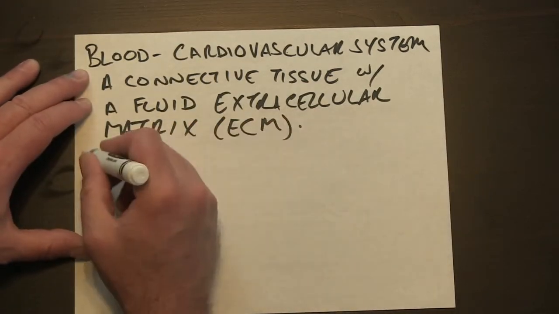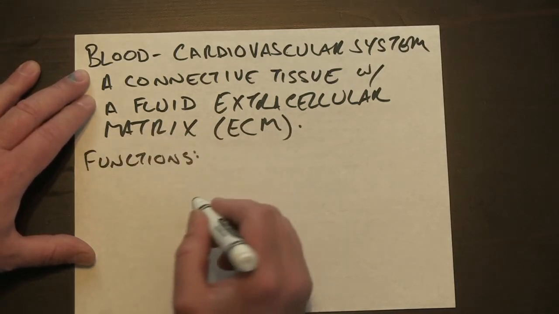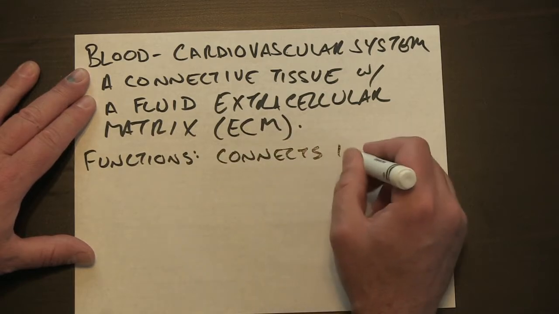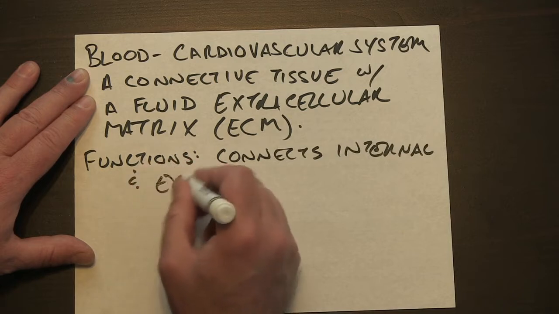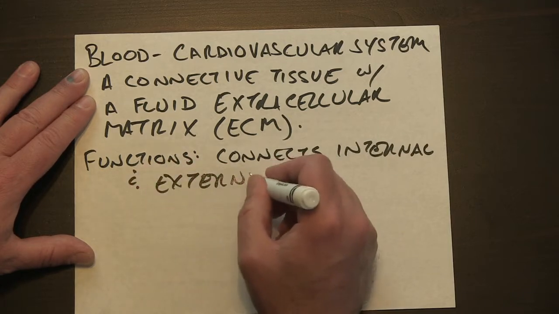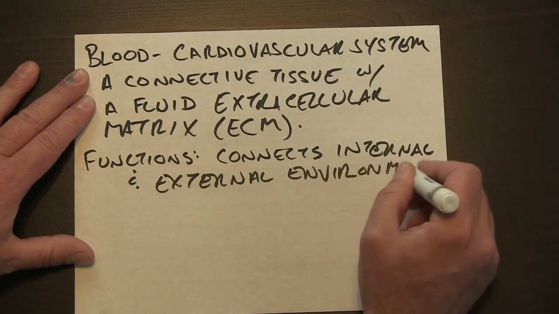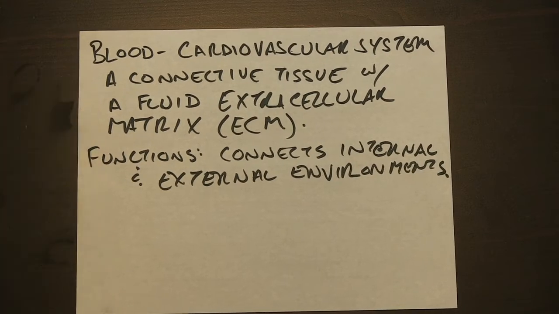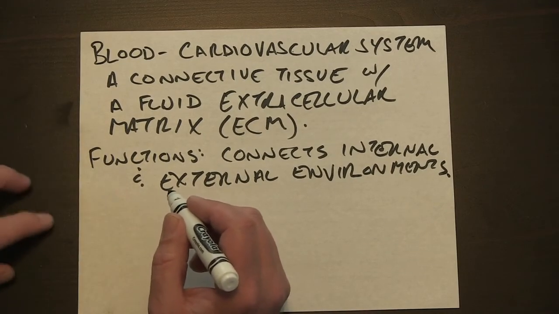The functions of blood include: it connects the internal and the external environments. So we're basically talking about air to the organs inside your body.